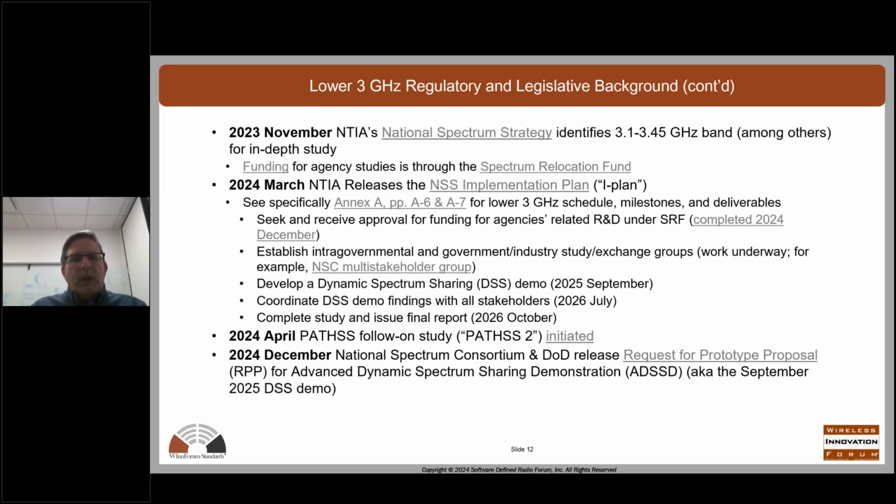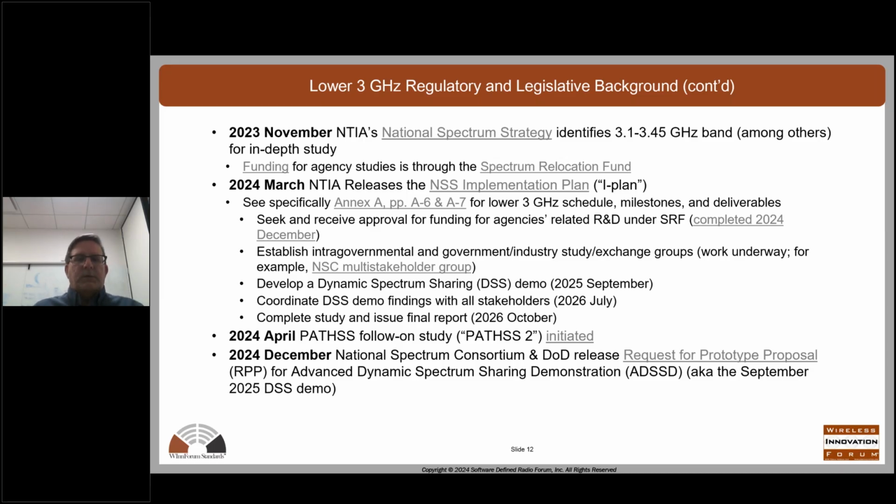And then the other plan was to establish intragovernmental and government-industry study and exchange groups to discuss the band sharing issues. And that's what's done right now under the National Spectrum Consortium, what they call the multi-stakeholder group. One of the key items coming out of this was the plan to develop a dynamic spectrum sharing demonstration project, a very aggressive schedule of having that done by September 2025.